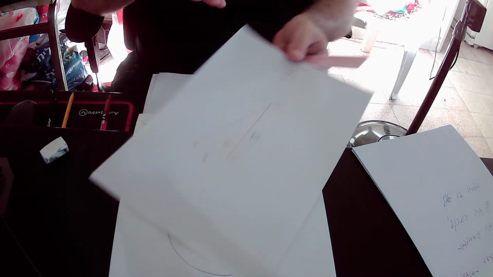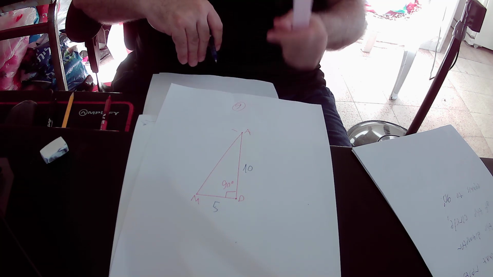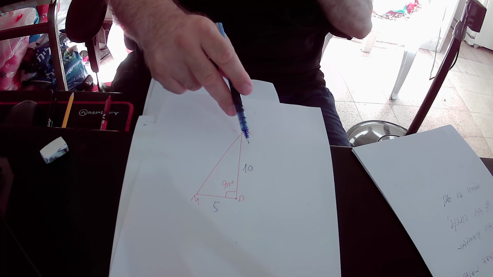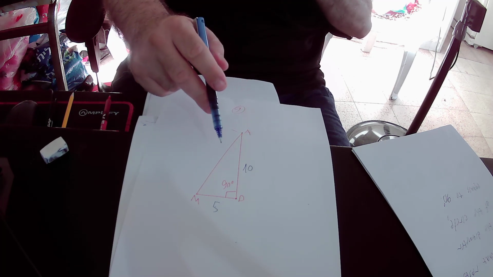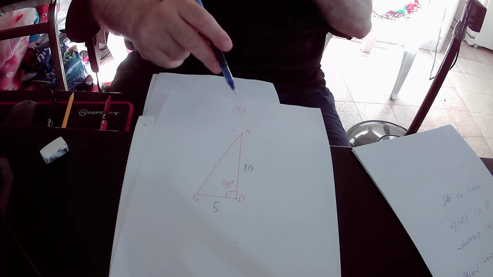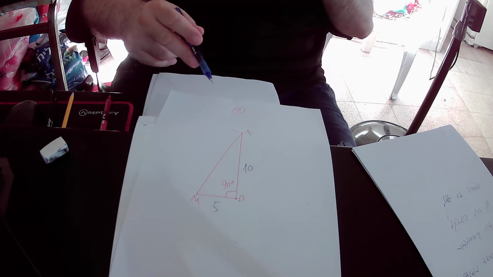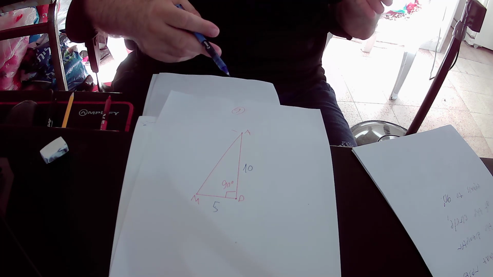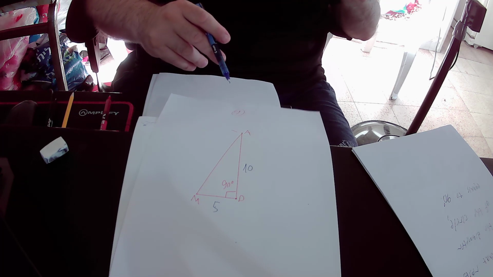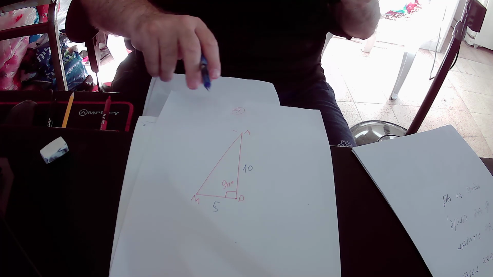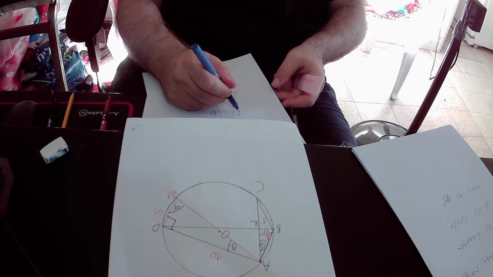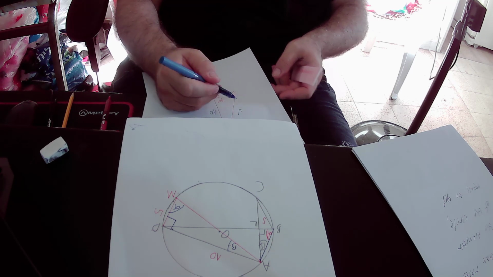So this is the right triangle AMD. Side AD of the triangle equals 10 units. Side MD equals 5 units. And AM is actually the diameter of the circle. It is also the hypotenuse of the right triangle. So I will mark it as D. AM equals D, an abbreviation for diameter.